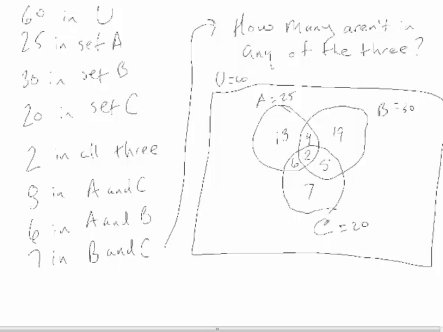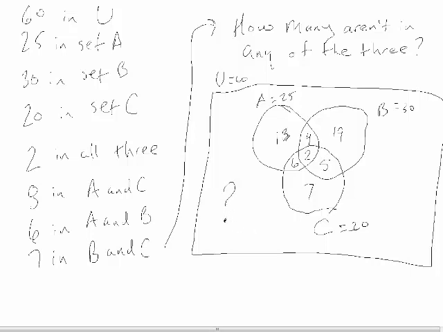Now, the total in the universe is 60. So anything that doesn't show up in these spaces is on the outside. So 13, 4, 19, 6, 2, 5, 7, plus whatever's out here has to equal 60.